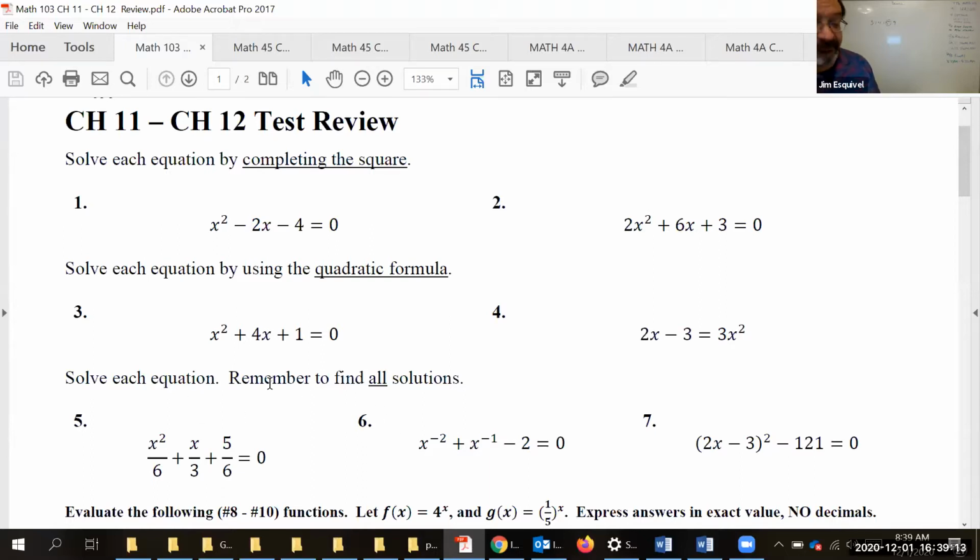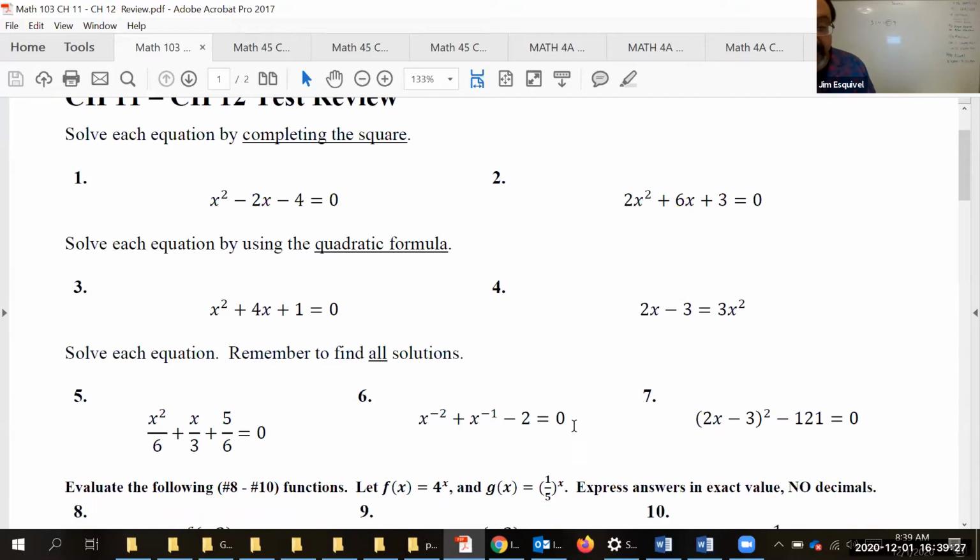If it factors, factoring is the quickest, easiest, nicest way to solve a problem. If you want to stick with the quadratic formula, you can. If you want to solve it with completing the square, you can. But obviously, these last 3 questions are not completing the square ready, nor are they quadratic formula ready yet.